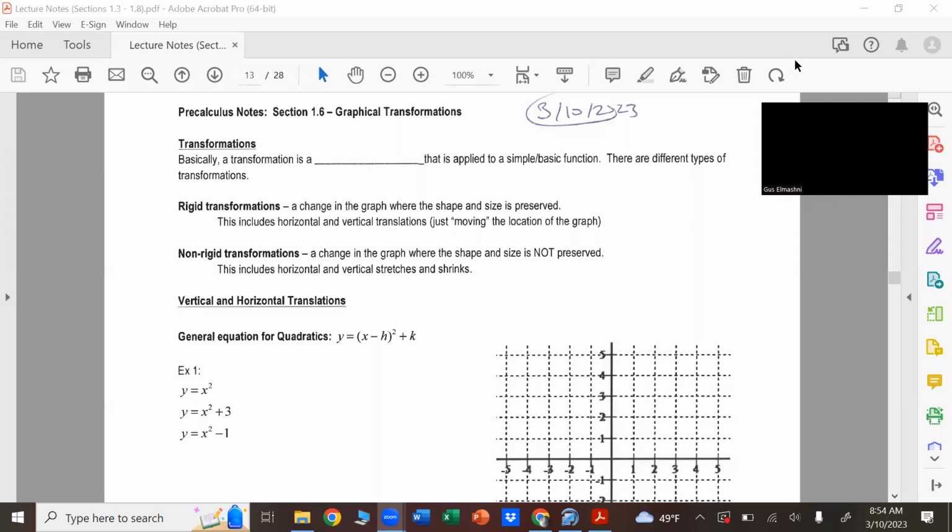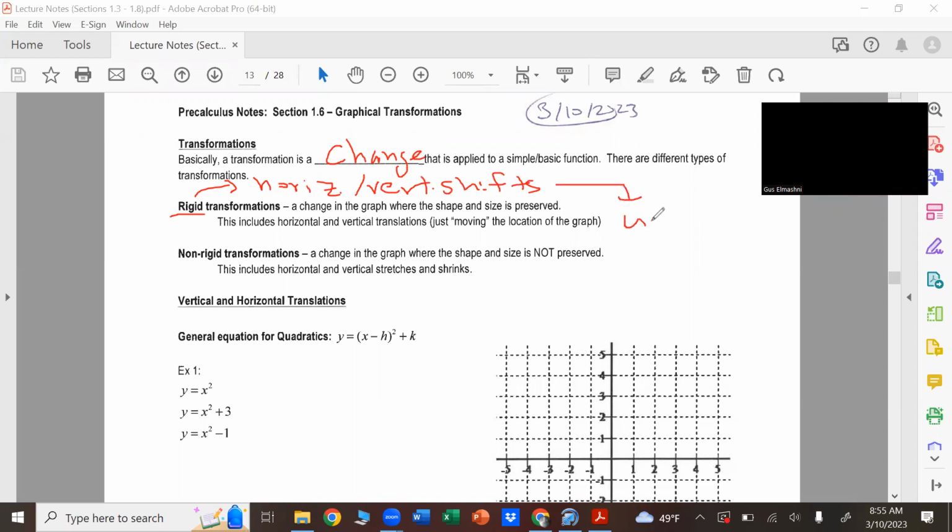All right. Okay. So a transformation is a change that's applied to a basic function. And there's several changes you can make. You can make those that are rigid, meaning you do horizontal or vertical shifts.